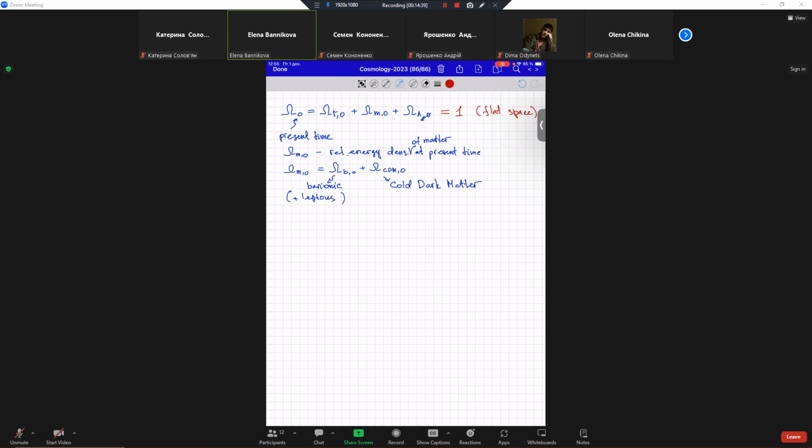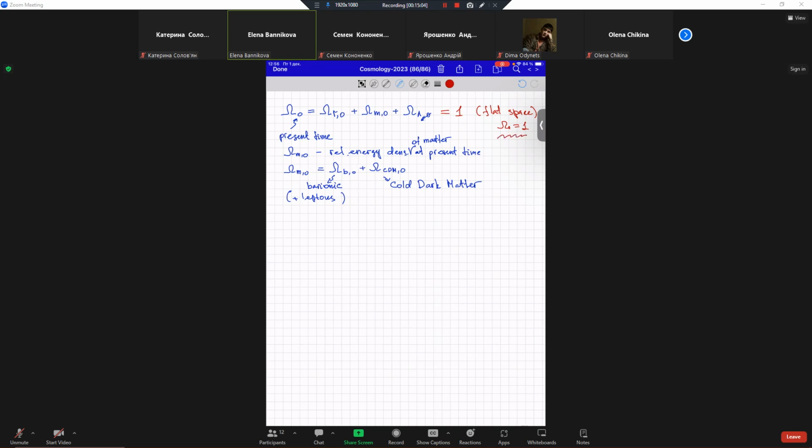Remember that we discovered there can be three possibilities for the curvature of space if we have a homogeneous and isotropic universe, and flat space corresponds to omega 0 equal to unity.